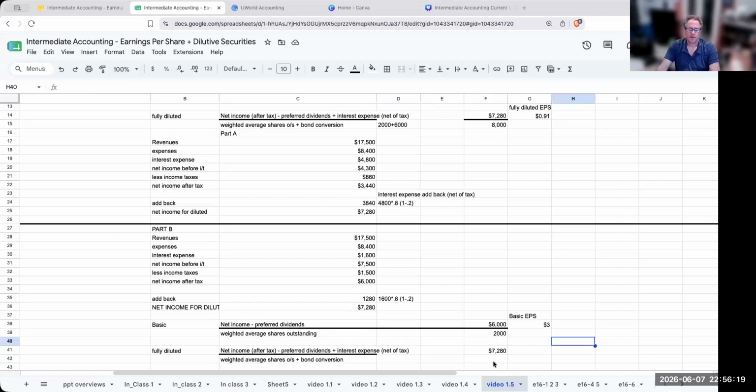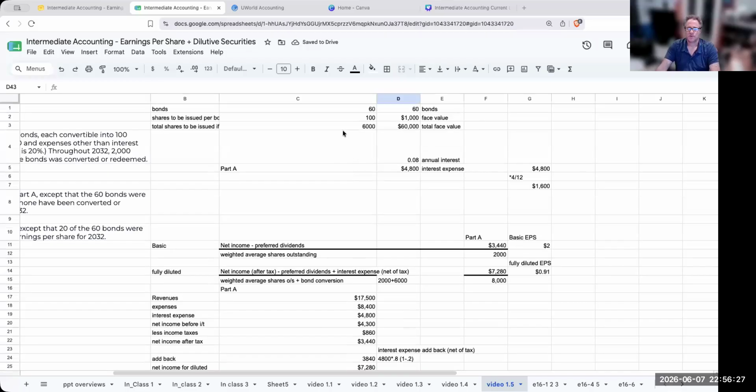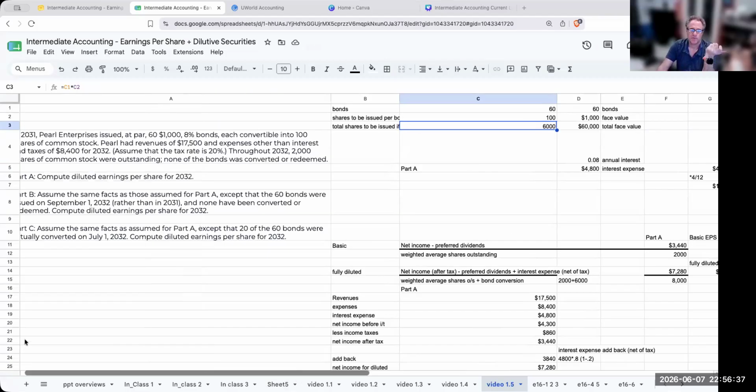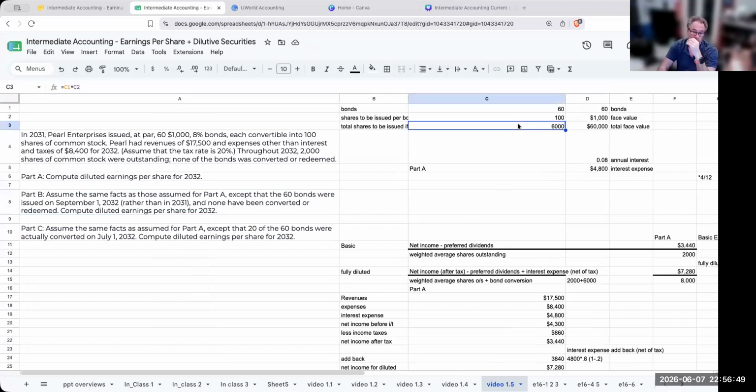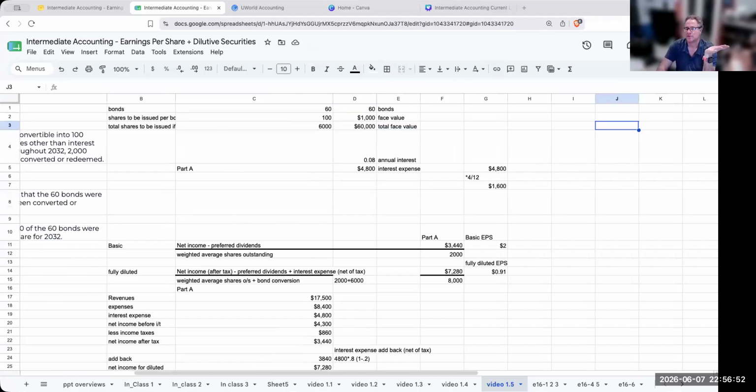Okay. Now, when it comes to my weighted average shares, this 2,000 is not going to change. However, this 6,000 was assuming, for part A, the full year. Now, if we're issuing the bond on 9/1/32, then we need to multiply this value here by 4/12, because it would only be outstanding similar to the interest.